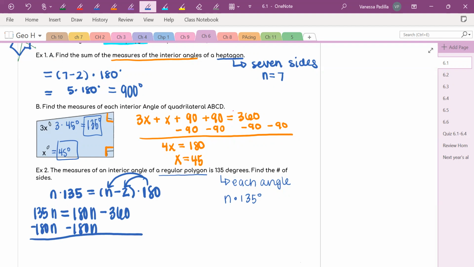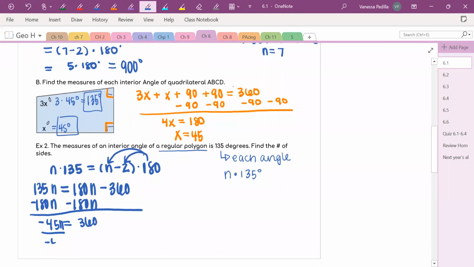And then subtract those numbers. And we get negative 45. Divide this by negative 45.